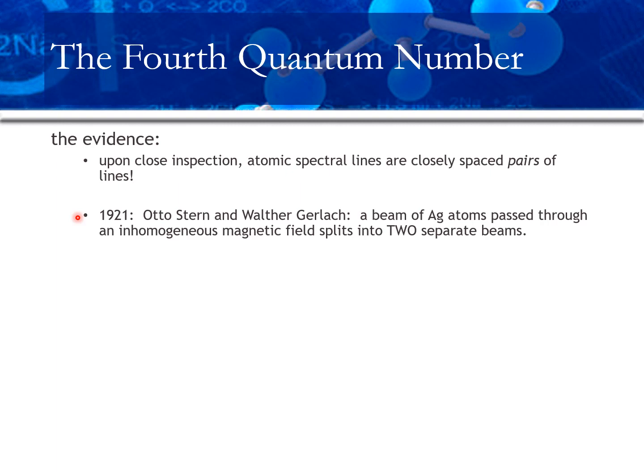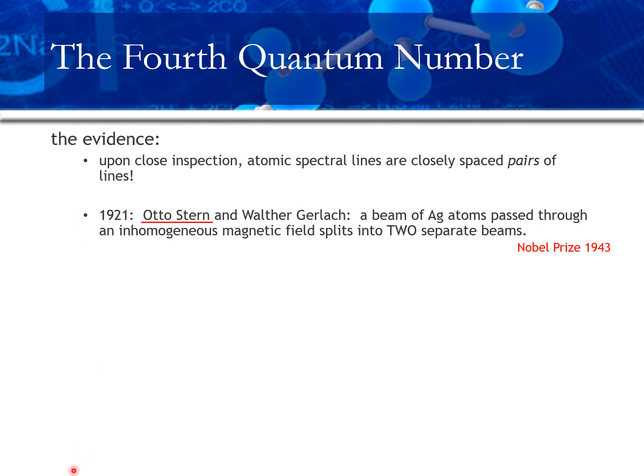Now really, a silver atom has one unpaired electron in it, so this is equivalent to passing a beam of electrons through the magnetic field. And the point is, it splits into two beams, not three, not four, and it doesn't stay just one beam. There's something about the electrons that causes a different interaction with magnetic fields.